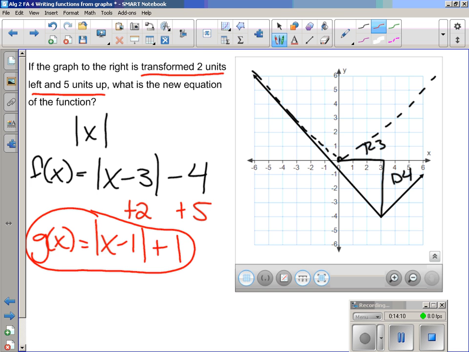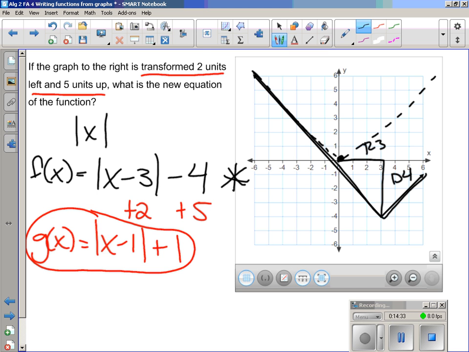So when you see a question like this, again, you could end up having a question like this on the test, on the content assessment. Write the equation for the function they have on the graph based off of where it moved from the origin. That's where we got this black function.